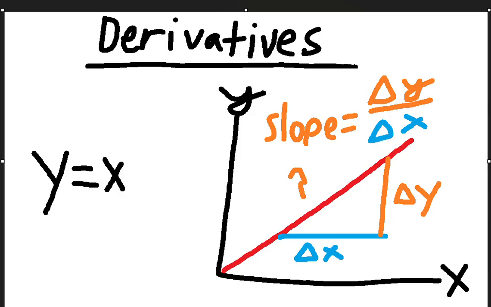And for functions like this, which we call linear, these are not that bad. This would be the end of it.